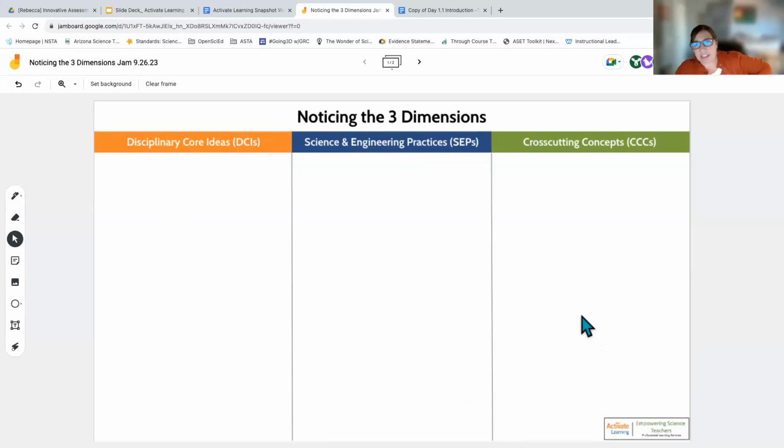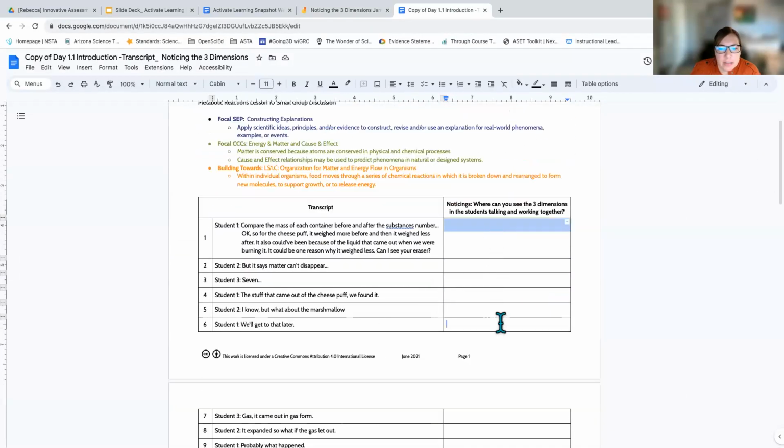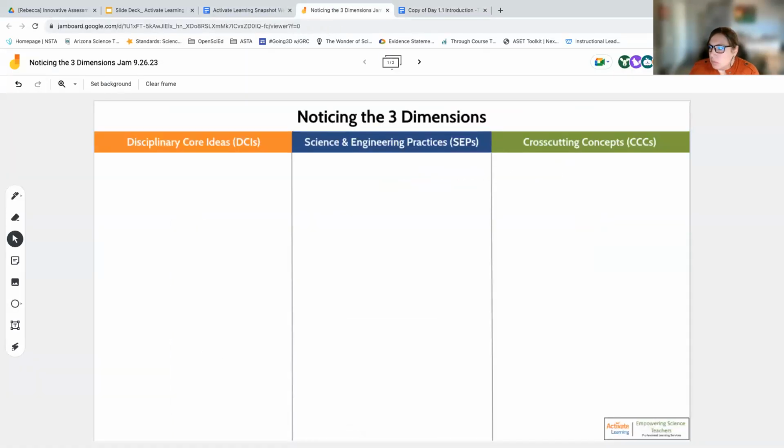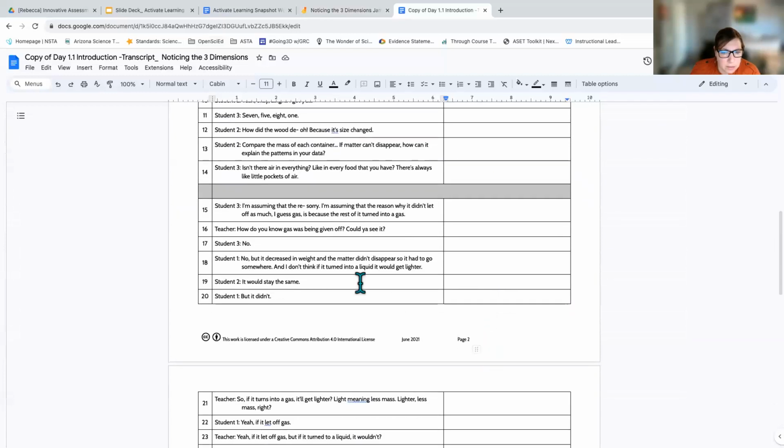So where did you see evidence from the video? Come on into the space. And again, you're just grabbing notes from your transcript. Okay, it's got someone saying in line 18, they're discussing decreased weight and matter.